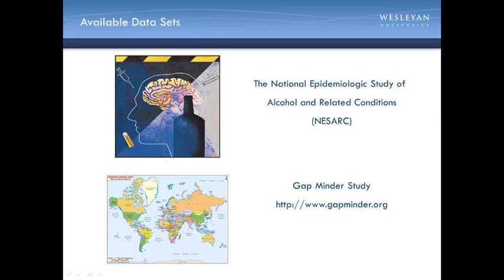This is a representative sample of the U.S. adult population age 18 and older, and it includes data on mental health and substance use disorders that are experienced by adults. Finally, the Gapminders dataset, which is made available by gapminder.org, includes numerous measures from 195 countries. The data have been collected from various sources, including the World Health Organization, the International Agency for Research on Cancer, the United Nations, and the World Bank.